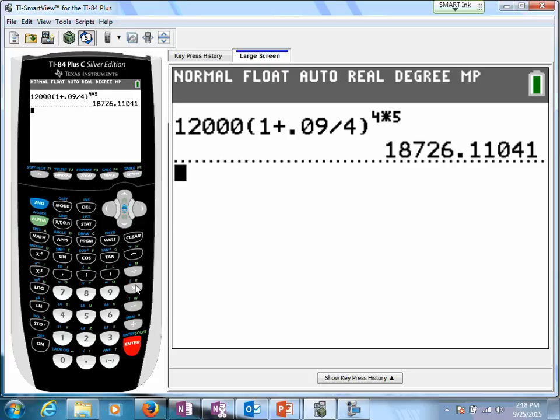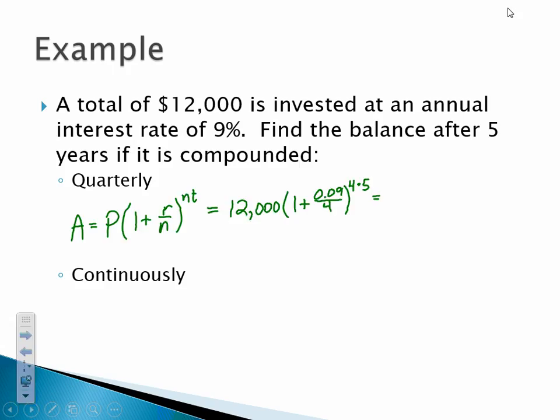And we can see if we had a 9% annual interest rate and we were compounding 4 times per year, we would make over $6,000 in a 5-year period by doing nothing but letting it sit in an account. Now, that's pretty awesome. Again, probably not the most realistic, but it does show the power of exponents.